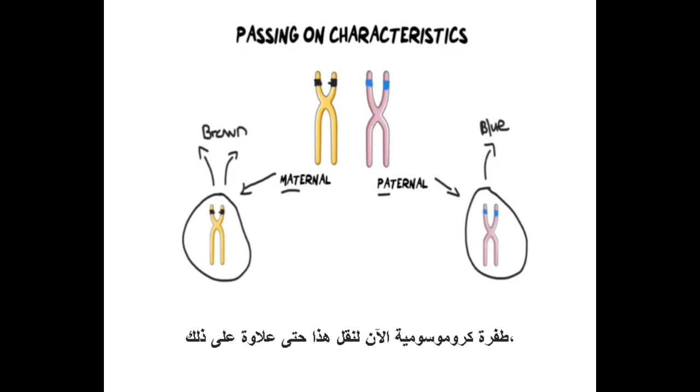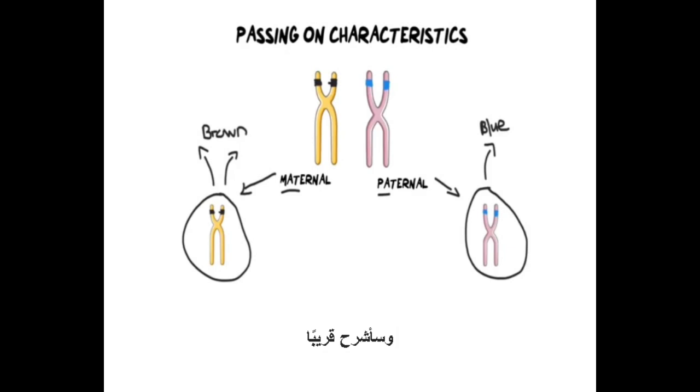Now, to take this even further, we need to describe these alleles in a way with letters. What we do is we use upper and lower case letters to describe the characteristic. In this instance, because we are using eye color, brown and blue, I'm going to use the letter B for now.